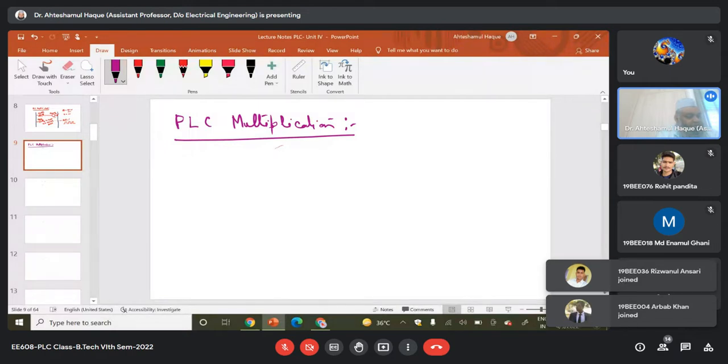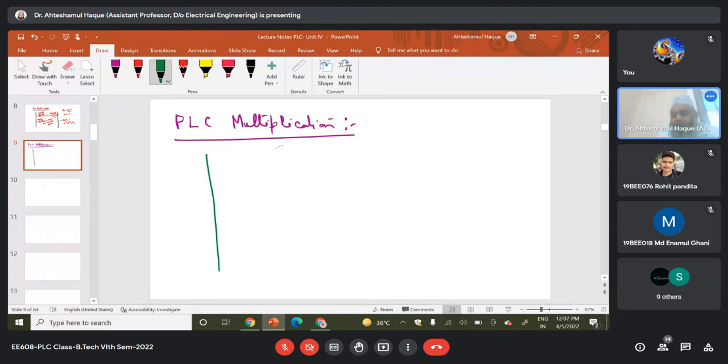So in multiplication, again we have similar procedures. We have these two power lines, and then I have a rung along these power lines.